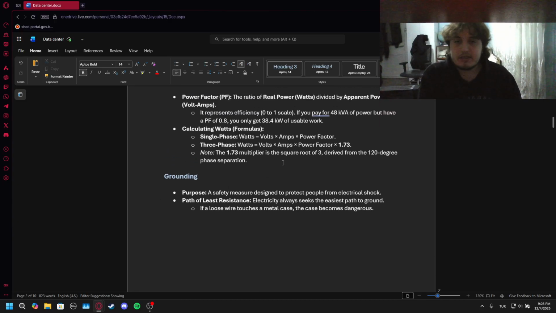Grounding purpose: a safety measure designed to protect people from electrical shock. Path of least resistance: electricity always seeks the easiest path to ground. If a loose wire touches a metal case, the case becomes dangerous. Grounding is basically meaning that electricity would rather go through a lower ohm.